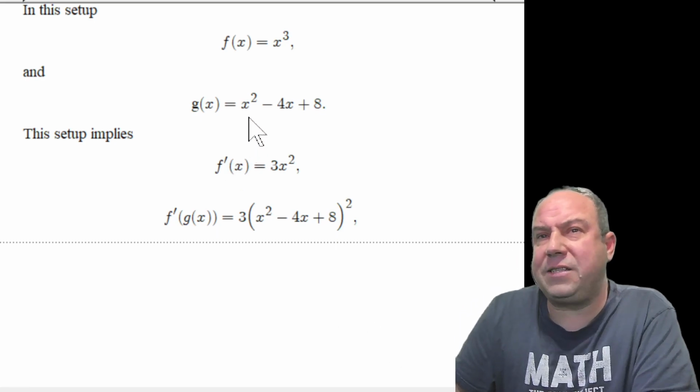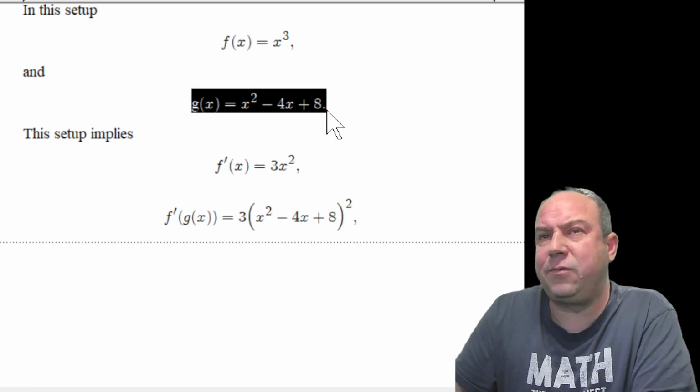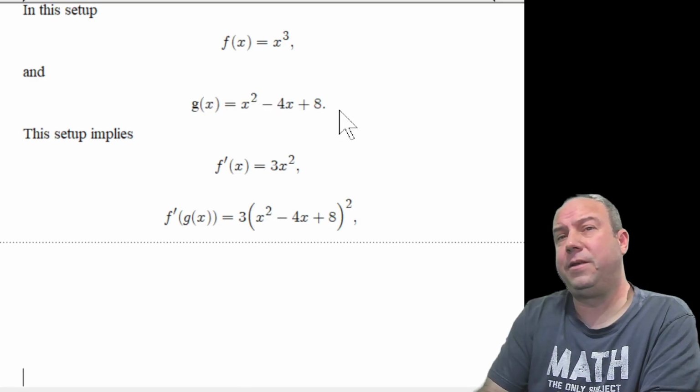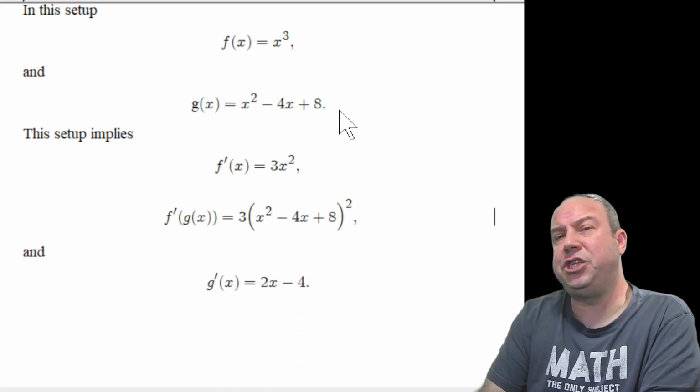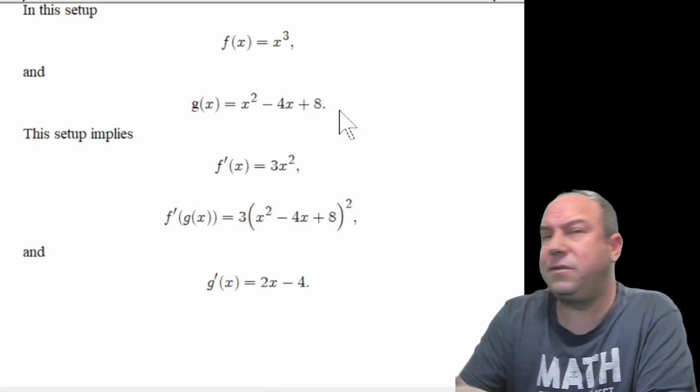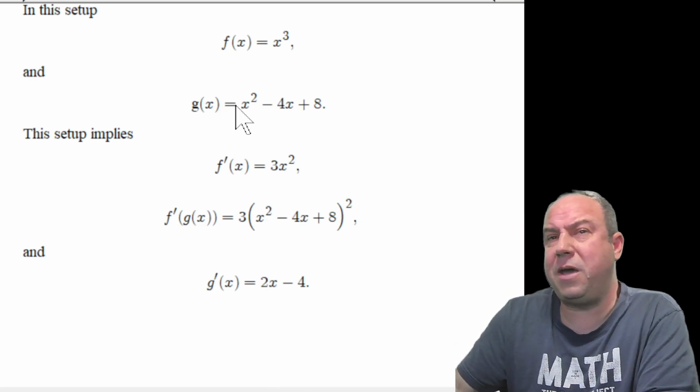Well, for g of x equal to the quadratic x squared minus 4x plus 8, we know what that simplifies to. We know the derivative, g prime, would be 2x minus 4 from just our fundamental rules.